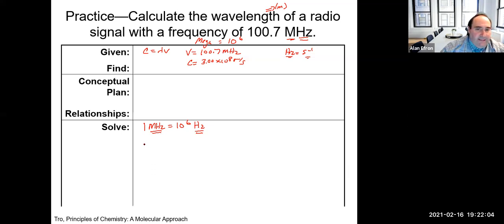That means if we take 100.7 megahertz, not written like a fraction but it essentially is, then doing dimensional analysis, if you remember, opposites cancel, meaning units need to go on the bottom. So 1 megahertz will cancel, and 10 to the 6 hertz goes up on top. 10 to the 6 is essentially 1 times 10 to the 6, if you want to punch that in.